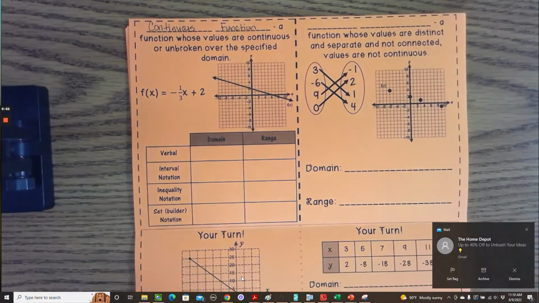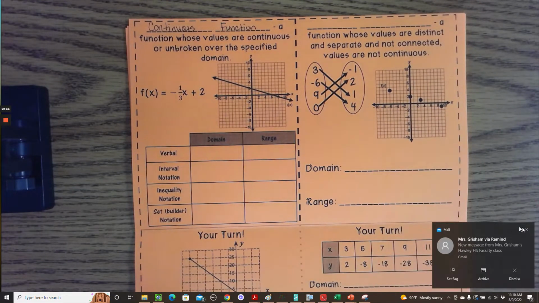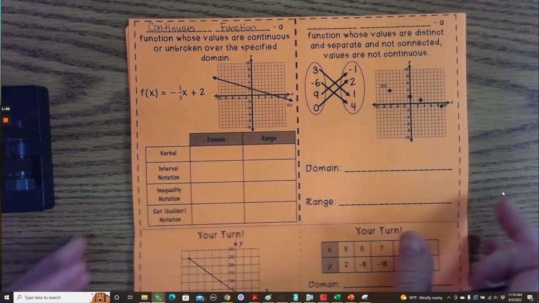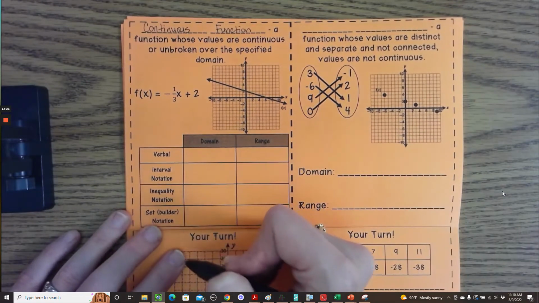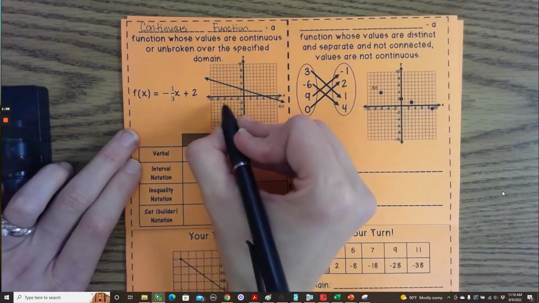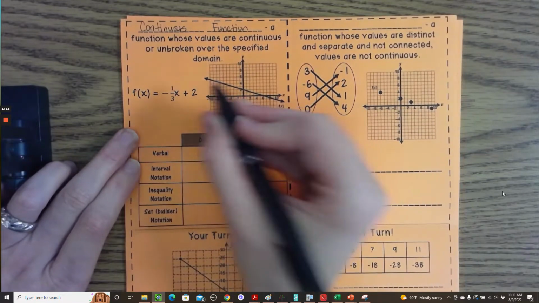So here we've got this function f of x equals negative 1/3 x plus 2. We've got it graphed as well. And we're going to write the domain verbally, in interval notation, in inequality notation, and in set notation. So verbally, the domain, my x's. This graph is going to go on and on forever. That's what the arrows mean.